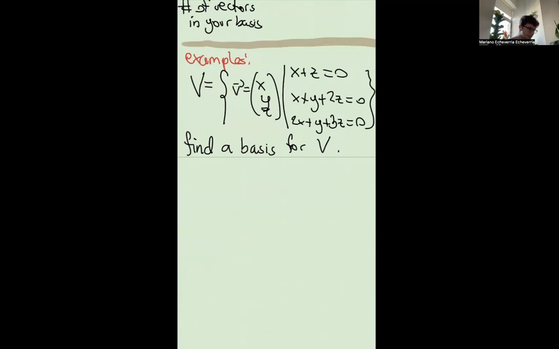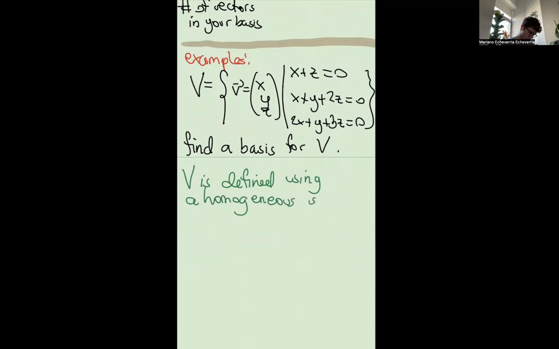Because it's a homogeneous system, B is defined using a homogeneous system. What's the homogeneous system?